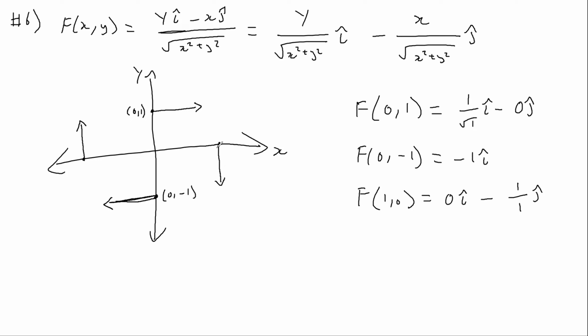If we draw out all the different points, you're going to have all the vectors of F(x, y) as unit vectors that are tangent to the circle centered at the origin. So you're going to have something looking like this.